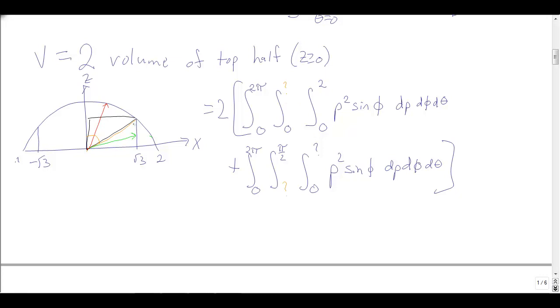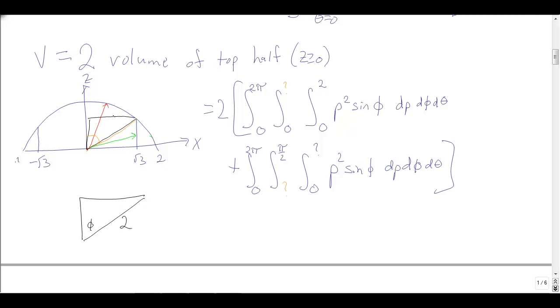So let's worry about this phi first. So that black triangle, when I look at this, there's phi. That's our question mark, what we're looking for. What we know here is this hypotenuse. That's a radius of the big sphere. So that's 2.